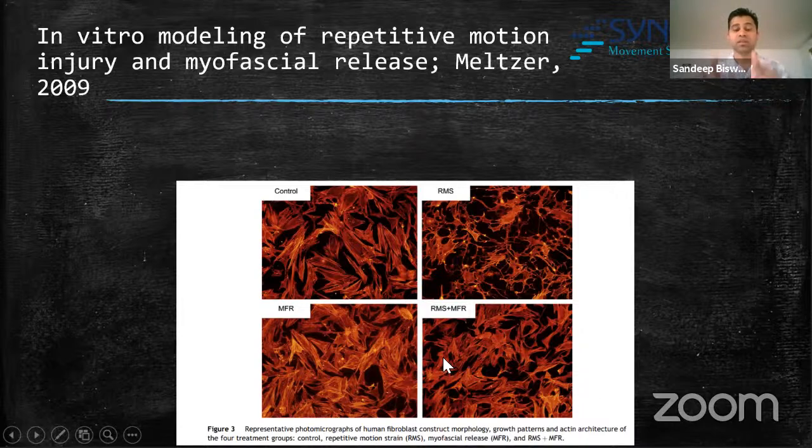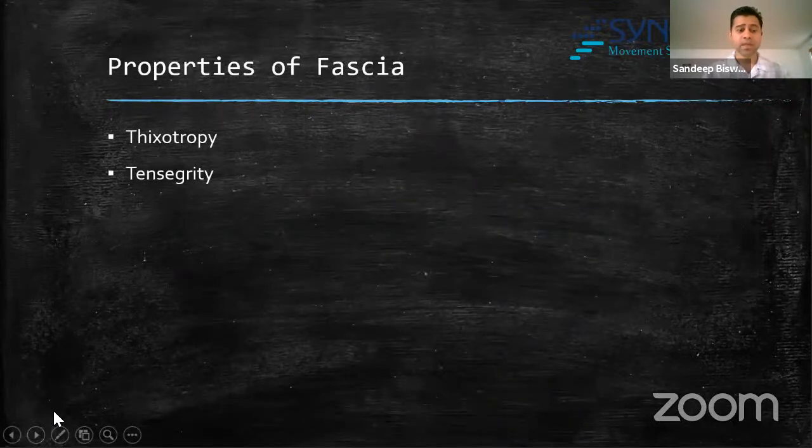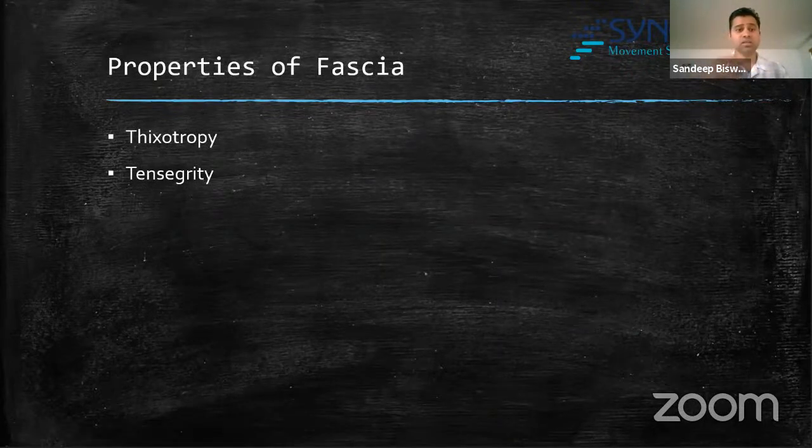And imagine applying this concept in your frozen shoulder patient or patients with back pain who are not getting better, or any other patient you're having a problem with, okay? So now you understand what the tissue composition of fascia is and what fascia is in itself.